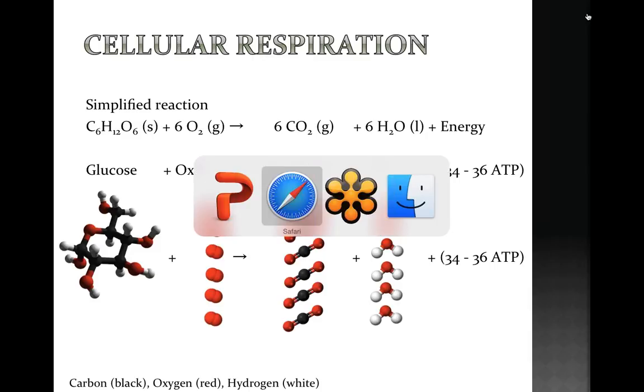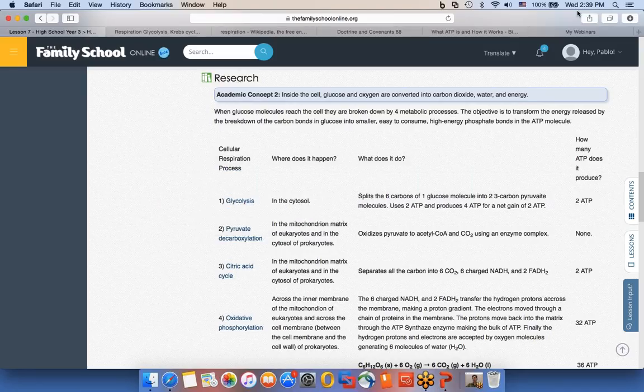When you eat food, it goes through your digestive tract. It goes into your bloodstream. From your bloodstream, it enters into your cells, and then in the cytosol, the first stage begins.